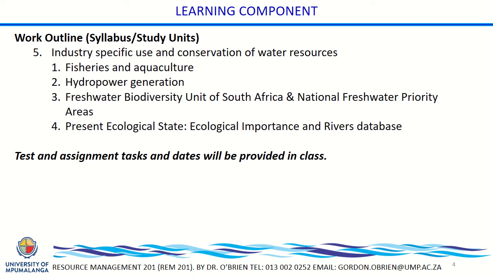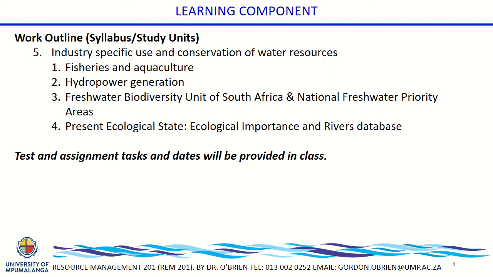And through the South African Biodiversity Institute, under the National Environmental Management Act and the Department of Environmental Affairs, they have established a new unit. It was only established last year, called the Freshwater Biodiversity Unit. And we're going to talk about them and what they do. I'm hoping one day to actually get them to come up here to talk to you.